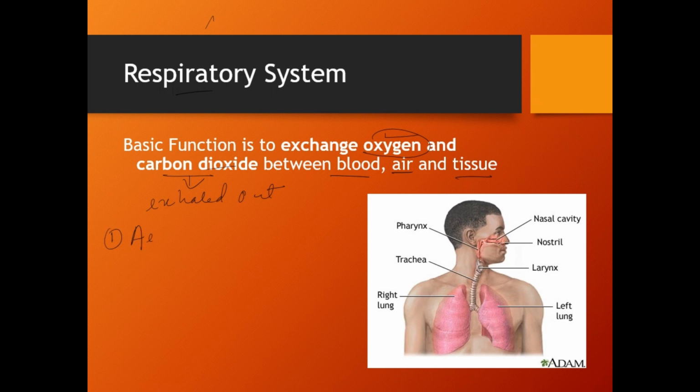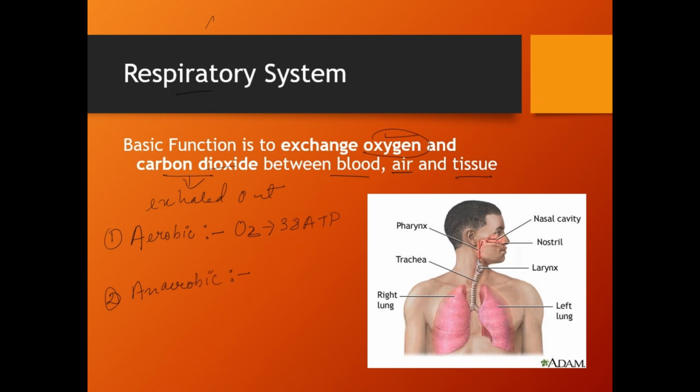One is aerobic respiration. In aerobic respiration, it is in presence of oxygen. Oxygen is involved, and it releases 38 ATP molecules in glycolysis. The second one is anaerobic respiration.